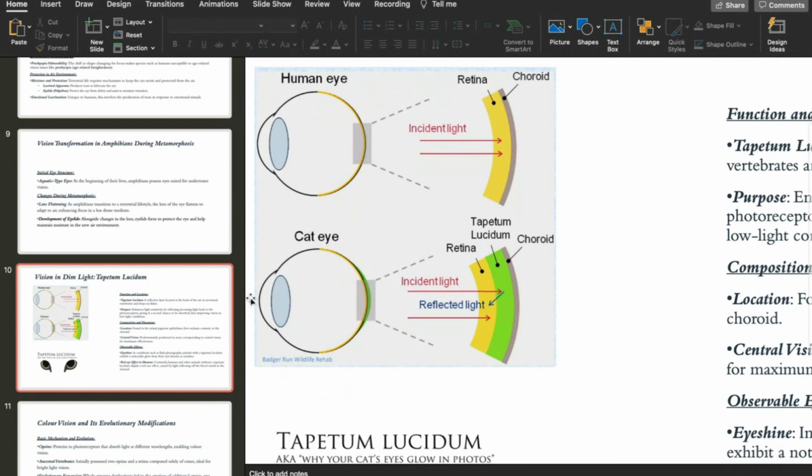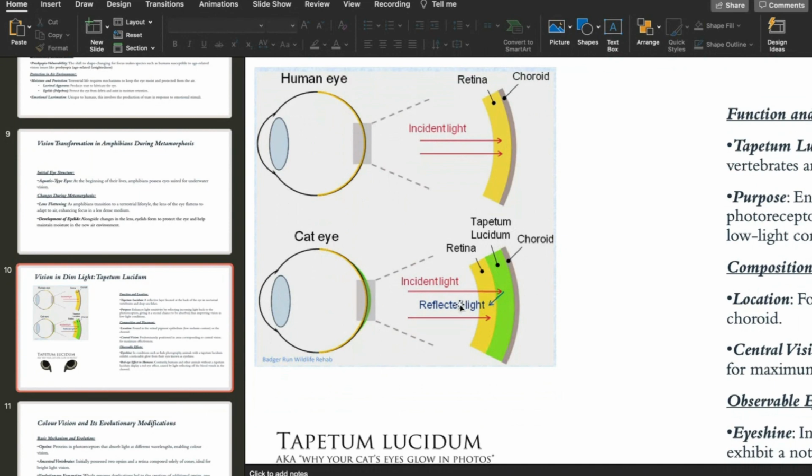But in the cat eye, or other animals which have the tapetum lucidum, the light enters through the pupil and is focused by the lens, hits the retina where the photoreceptors are, but it doesn't stop here, okay? Because it hits this membrane, the tapetum lucidum, which bounces that light back into the retina so that the light is now magnified or multiplied.